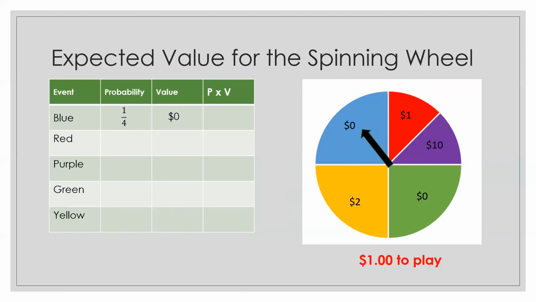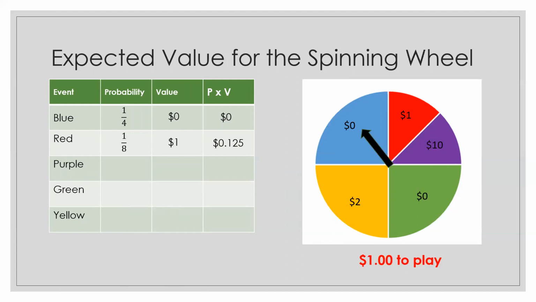So when you multiply 1/4 by $0, you get $0. Then red looks like half of a quarter, which is 1/8, and the value is $1. So 1/8 of a dollar is 12.5 cents.